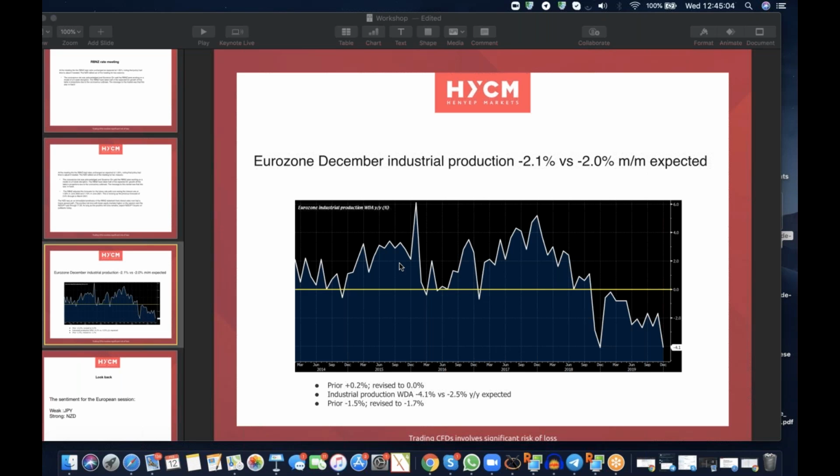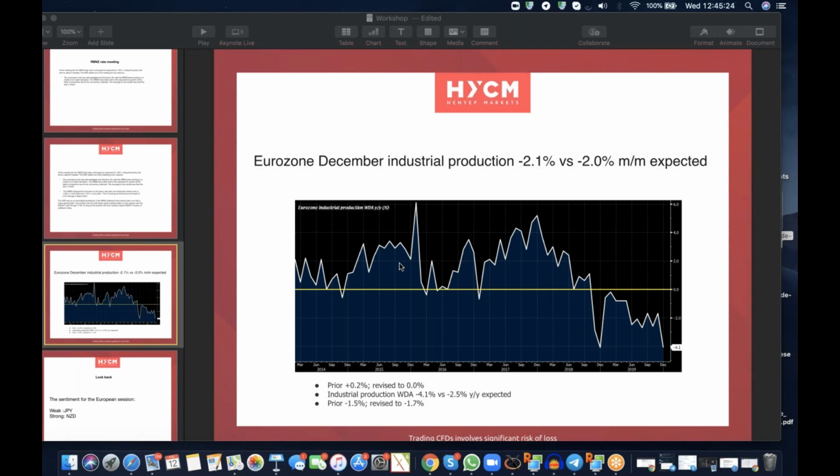We know that German manufacturing has been hit particularly hard on concerns over China slowing down in growth, whether it's slowing down because of the US-China trade war or the coronavirus. Both are weighing heavily on Germany because obviously Europe does trade with China, and a slowdown in China impacts Europe.